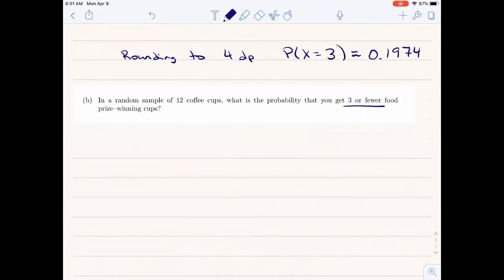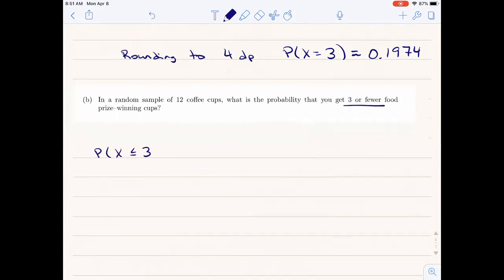So that's the probability that X is less than or equal to 3, because 3 or fewer includes the probability of 0 cups. You don't want to forget about 0, because that's kind of a sneaky one. So 0 winners, 1 winner, 2 winners, or 3 winners.